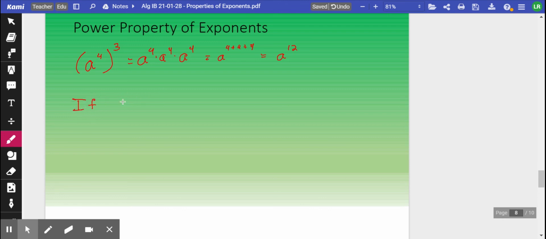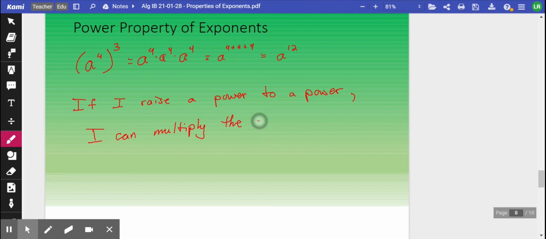If I raise a power to a power, I can multiply the exponents. Okay, so essentially all we're doing here is going, okay, that'd be 4 times 3, that's 12.